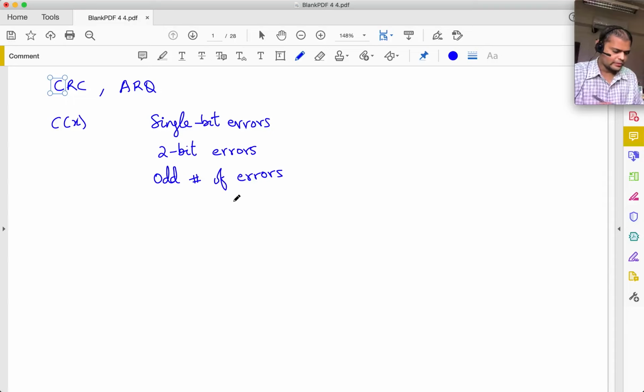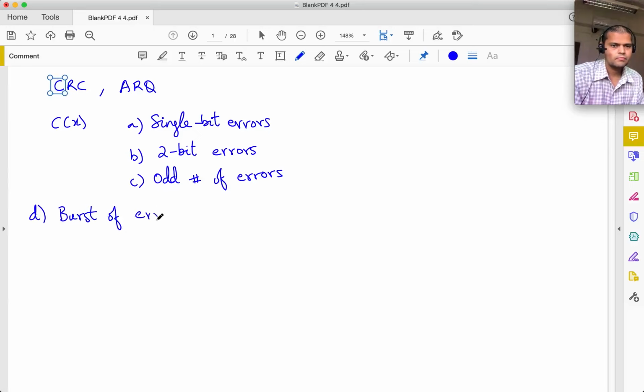And there was one more point which I hadn't mentioned last time, which was how to detect a burst of errors. So here let's say that this is the data. Let's say this is the code word, which is data and the CRC concatenated.